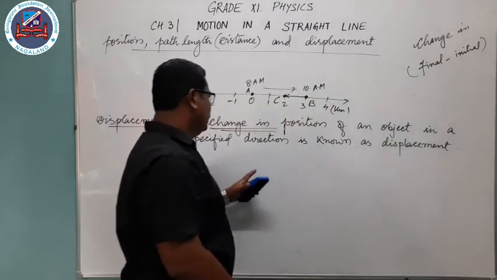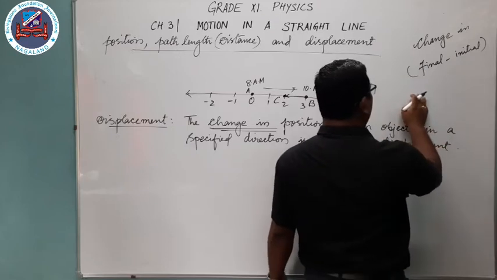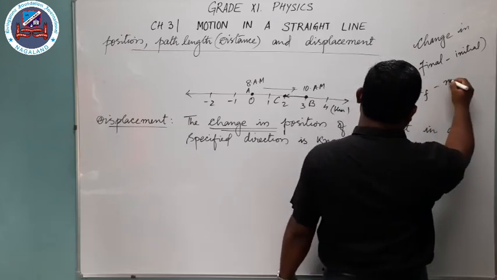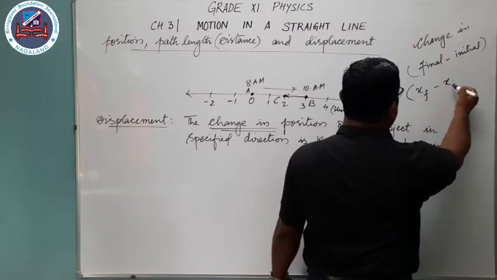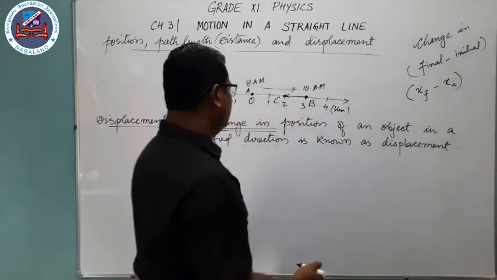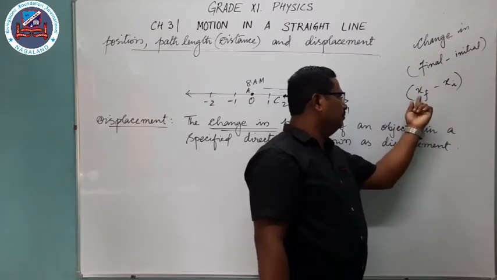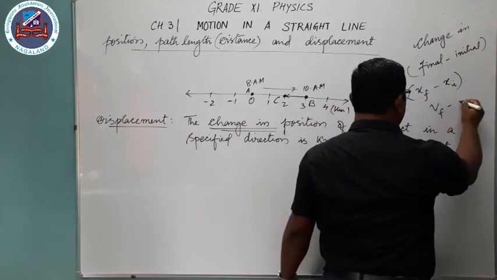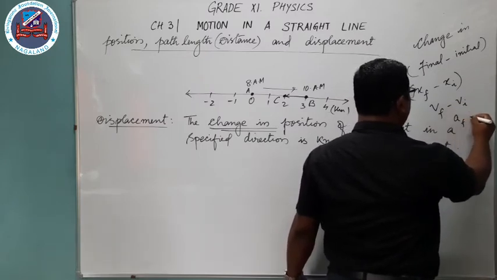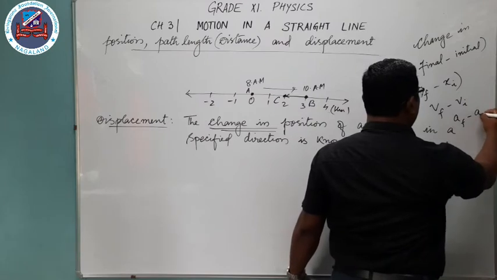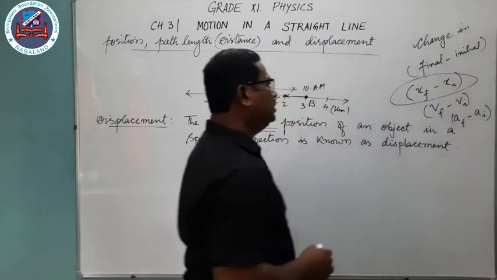In physics, when you say change in position, if we are discussing motion in a straight line along the x-axis alone, then xf minus xi, f indicates final, i indicates initial, final position minus initial position, will give us the change in position. If you are talking about change in velocity, then it will be final velocity minus initial velocity. If it is change in acceleration, it will be final acceleration minus initial acceleration. So these are all change in, but right now we are talking about change in position.